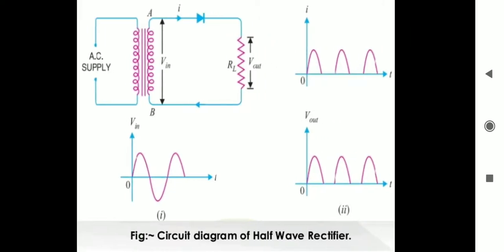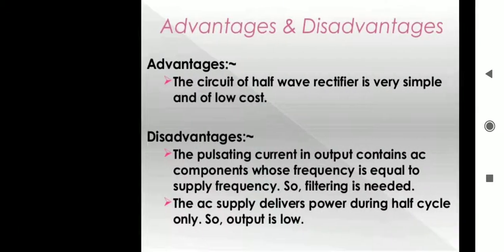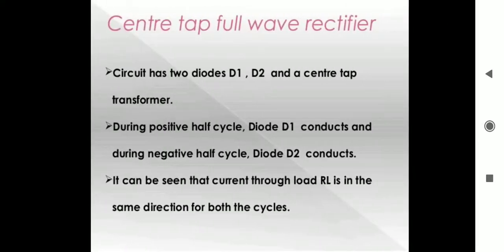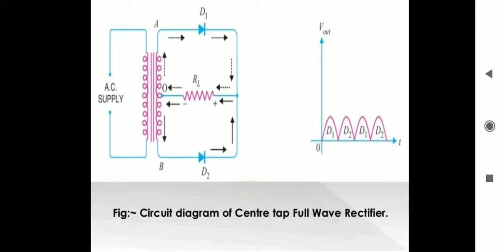The center tap full wave rectifier consists of a center tap between diodes D1 and D2. Since there is a center tap between these two diodes, it is known as the center tap rectifier.